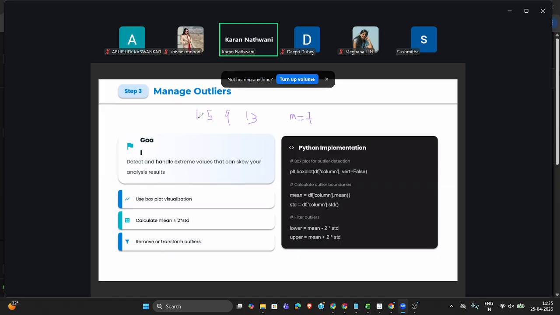You calculate (1 minus 7) whole square plus (5 minus 7) whole square plus (9 minus 7) whole square plus (13 minus 7) whole square, total divided by 4. Can you do this? That is your variance, and standard deviation is the square root of variance. In the next class, I will talk about this and then take the Python exercise, because first I have to tell you the basic examples.